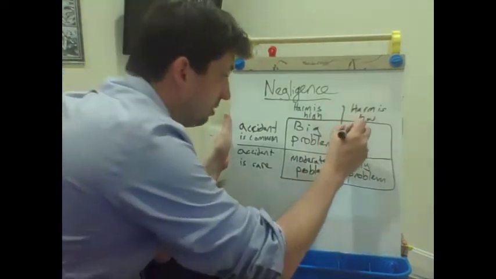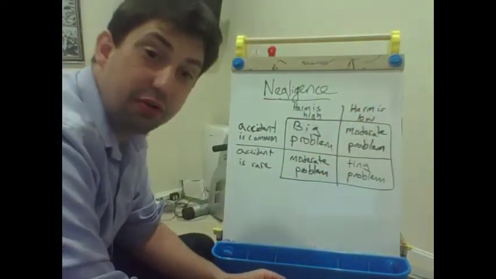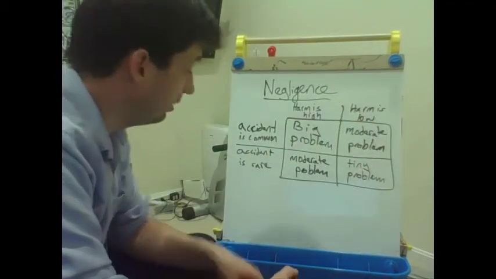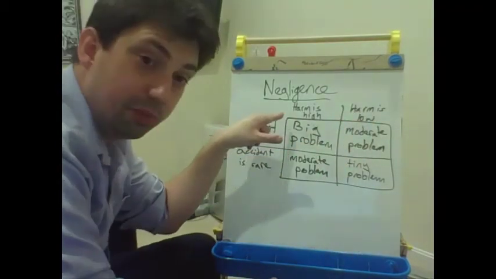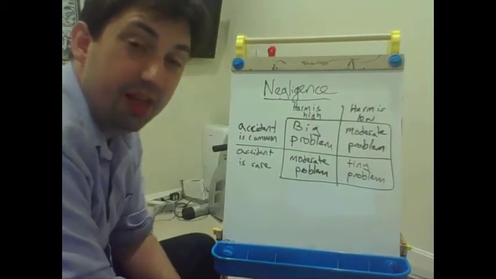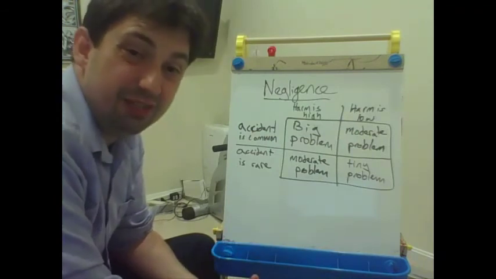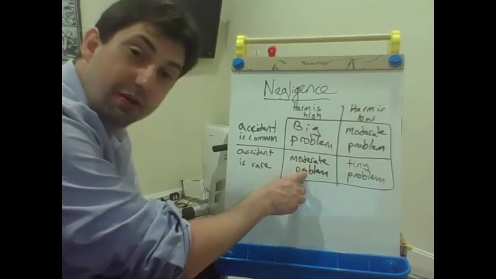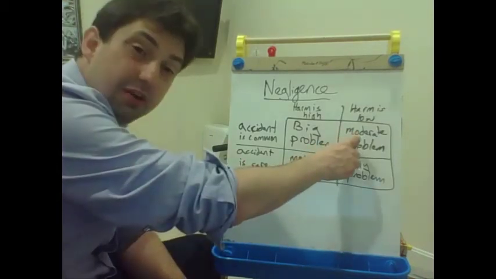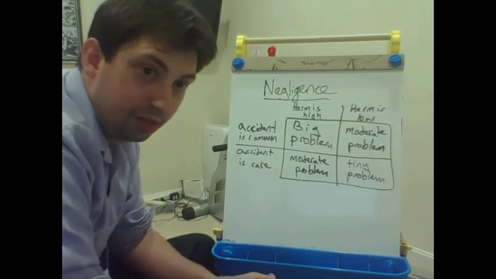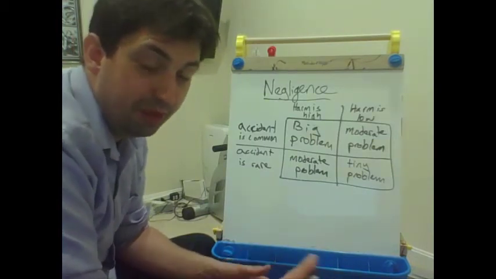That's also a moderate problem. What expected value teaches us is that these two scenarios, though they seem very different, a rare accident with a big problem or a common accident with a tiny problem, are mathematically the same. Small value times a big value, or big value times a small value. Well, big times small is the same thing as small times big. Mathematically, they're the same.